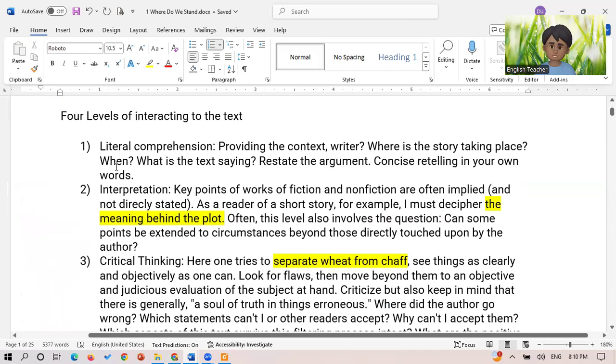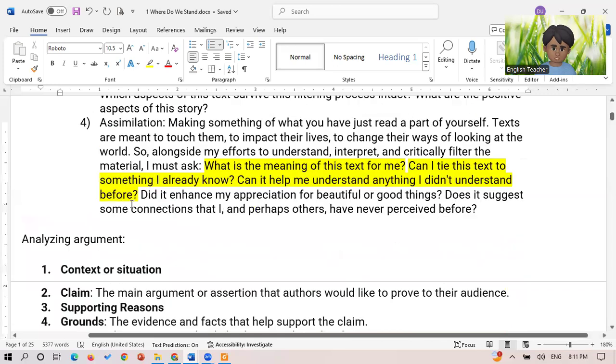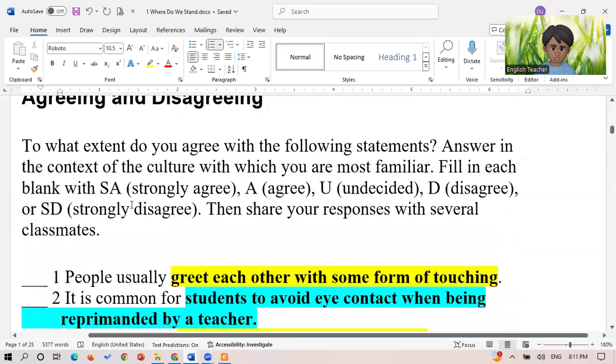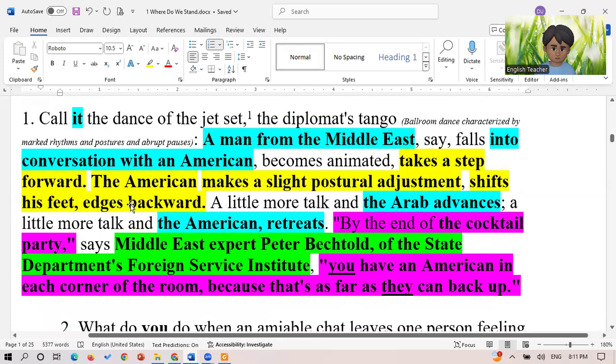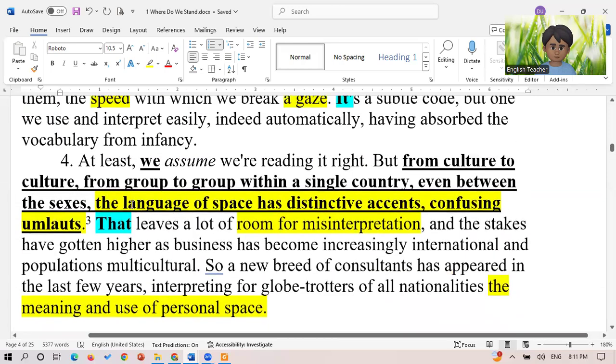As you read the essay, we can find out in literal comprehension, if time is given, like 1990, this was written in 1990. What is the text saying? Now here you have to be able to summarize the thesis statement or the main idea. For example, if I take paragraph 4 in the essay, let me show you. In paragraph 4 of the essay, you have the main idea of the essay.